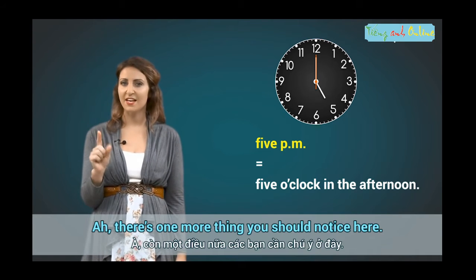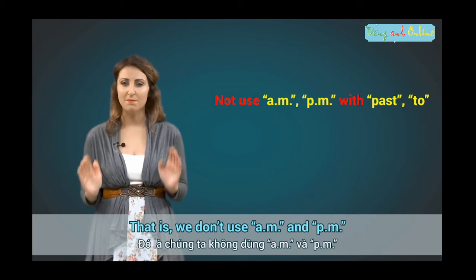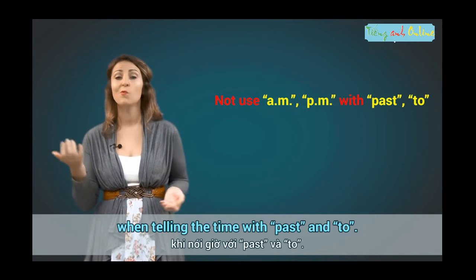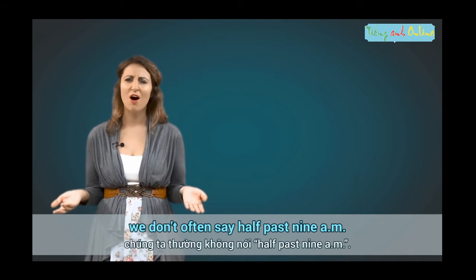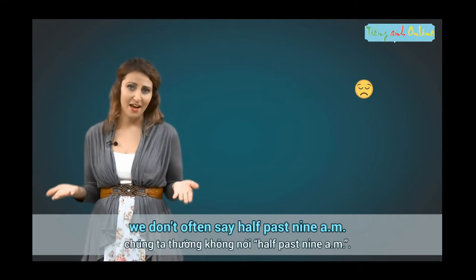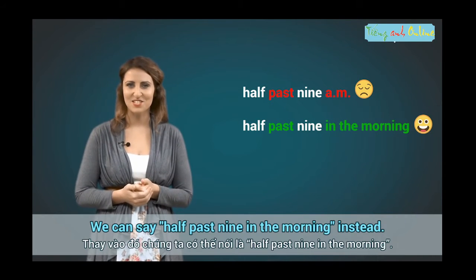There's one more thing you should notice here. That is, we don't use AM and PM when telling the time with past and to. For example, we don't often say half past 9 a.m. We can say half past 9 in the morning instead.